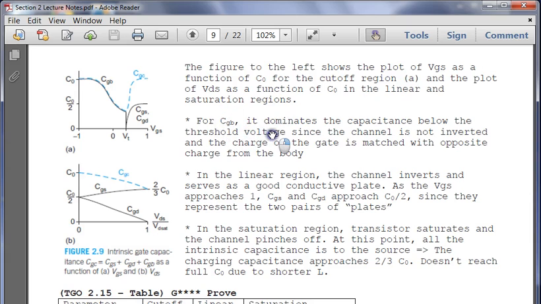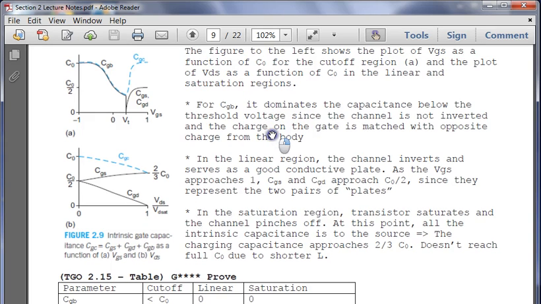It dominates below the threshold voltage since the channel is not inverted and the charge on the gate is matched with the opposite charge from the body. So the actual amount of capacitance is still C0 as we had before, but it's dominated completely in this table by the capacitance of gate body. In the cutoff region, there is no gate source capacitance and no gate drain capacitance. We haven't created the inversion region yet.